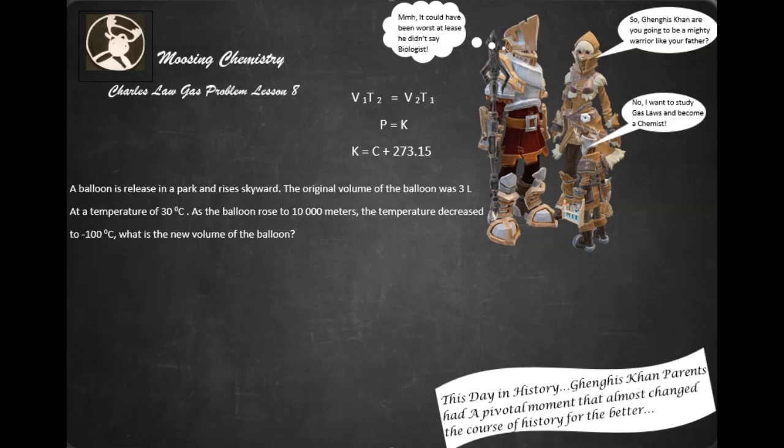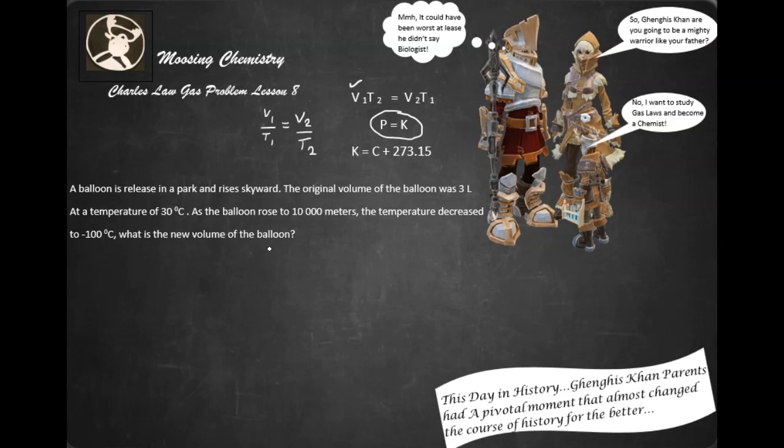This is Charles' Law gas problem, lesson 8. When we talk about Charles' Law, that is a relationship between volume and temperature, where our pressure is always constant. Originally, Charles' Law is written as V1 over T1 equals V2 over T2.